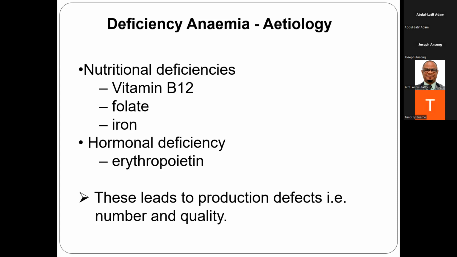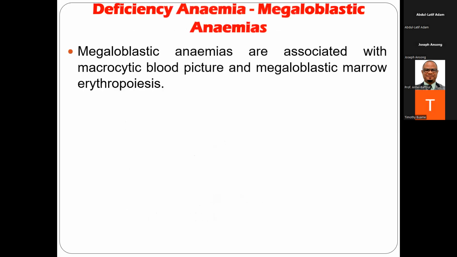So a decrease in these components leads to a defect. And the defect is what? Quantity. So the number of red cells is reduced, or the quality of the red cells is not there.